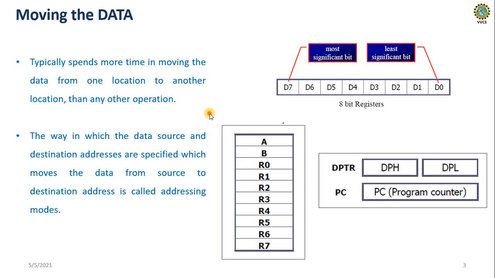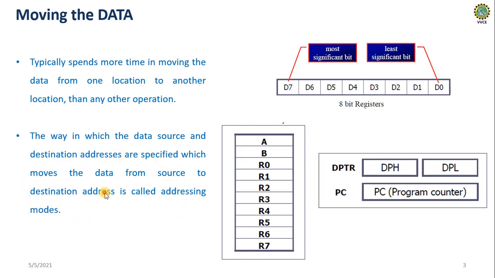Locations may be some stack pointers, or some general memory locations. So because of this the data source is different, right? So how to address this type of memory locations, or addressing types? Based on that we use something called addressing modes.